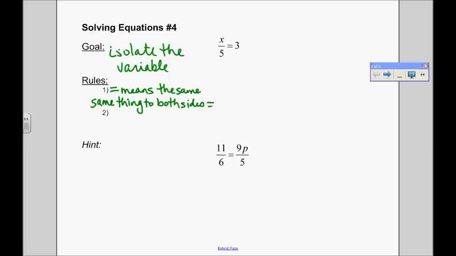The second rule is in order to isolate the variable, you're going to have to get rid of some terms, some coefficients, and you do this by using opposite operations.